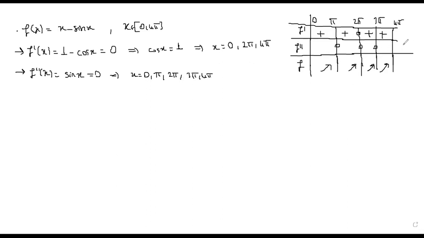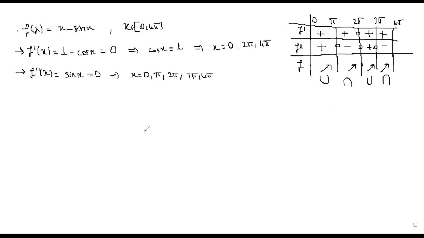We don't care about the points greater than 4 pi, because we have this restriction. Is it positive or negative on these intervals? For example, between 0 and pi, it's positive, then negative, then positive, then negative.